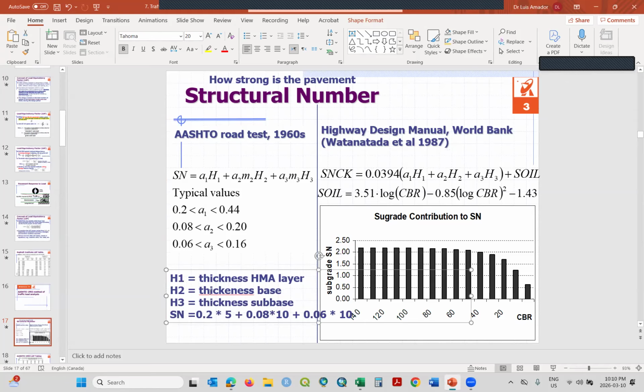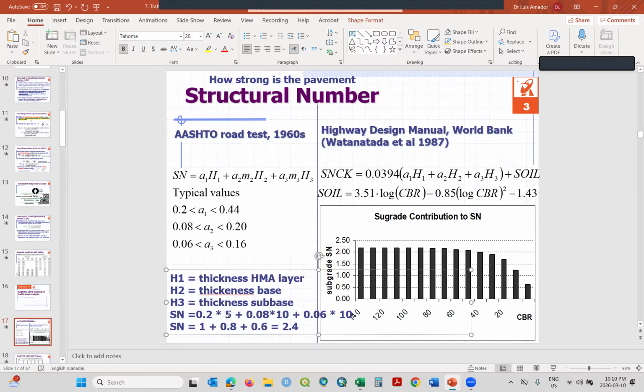So when you do that, you are simply going to obtain a structural number that will be 1 plus 0.8 plus 0.6 equals 2.4, okay? So it's just a value.